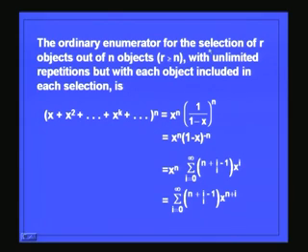For each object, the possibility is it can be selected once, twice, etc. Please note that the constant term 1, which was there in the earlier case, is not here, because you have to select each object at least once. So, the ordinary enumerator is given by this expression, and if you take out x power n, this is equal to x power n into 1 by 1 minus x, to the power of n, that is, 1 minus x to the power of minus n.